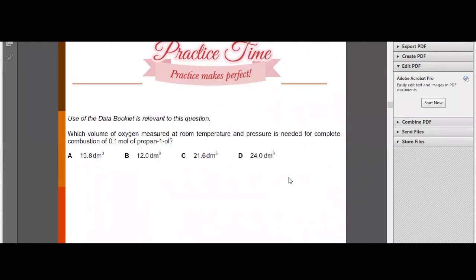Now let's do this. Okay, let's check the answer. We need the equation. This is propan-1-ol, right? We just write the equation from the previous one.